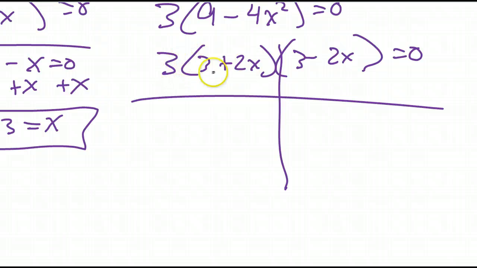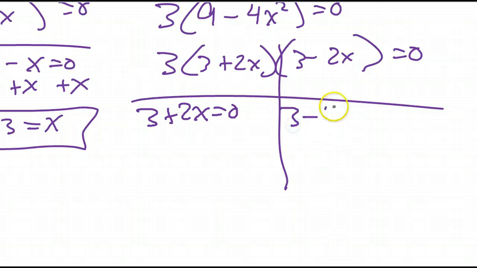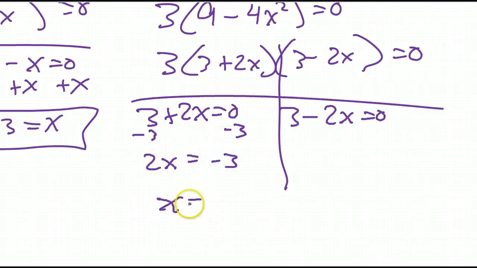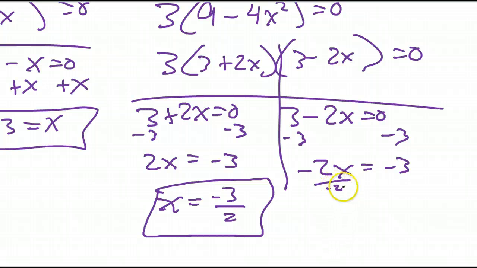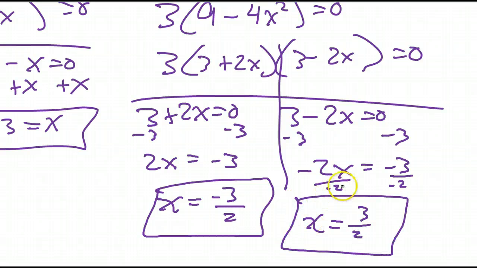Alright, ignore the 3, that can't equal 0. So 3 plus 2x equals 0, or 3 minus 2x equals 0. Subtracting 3, so 2x equals negative 3, divide, we get x equals negative 3 over 2. Over here, subtract 3, so negative 2x is equal to negative 3, divide by negative 2, so x is equal to positive 3 over 2. And we're done.